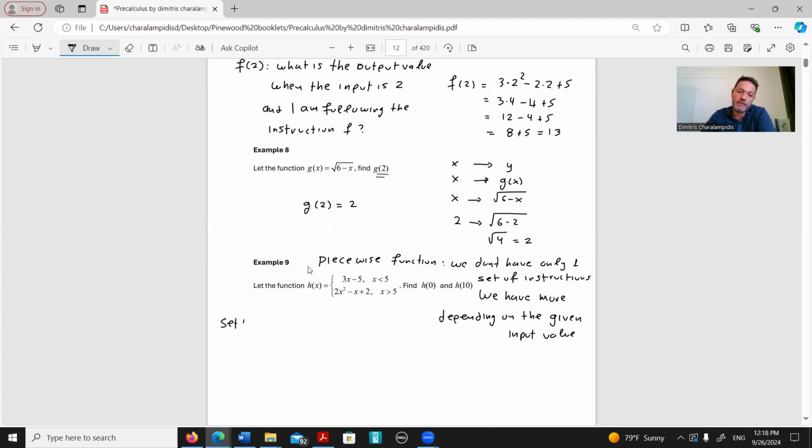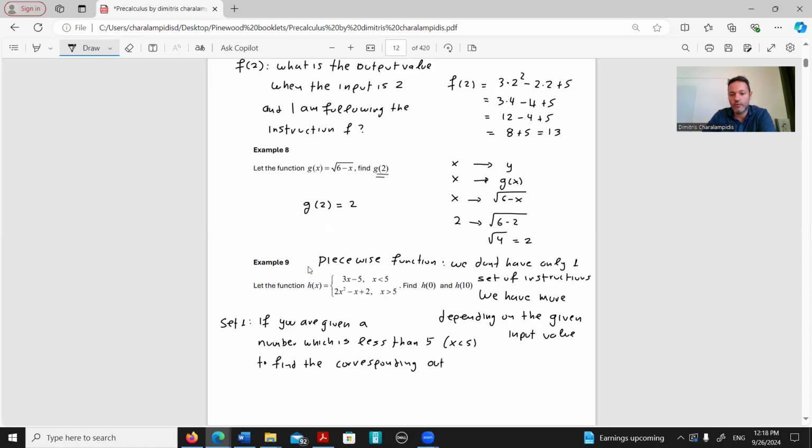The first set says that if you are given a number which is less than 5, x smaller than 5, to find the corresponding output, follow the instruction 3x minus 5.